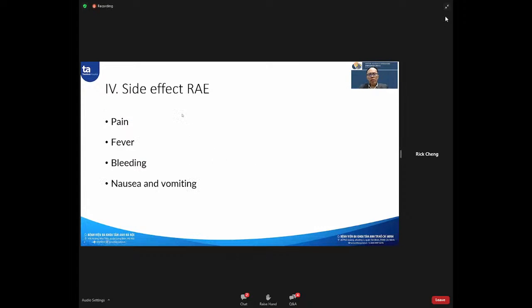So the side effects of RAE are very mild, not severe. Sometimes they have pain, a post-embolization syndrome, or sometimes fever, or sometimes bleeding from rupture of the tumor, and sometimes nausea and vomiting.